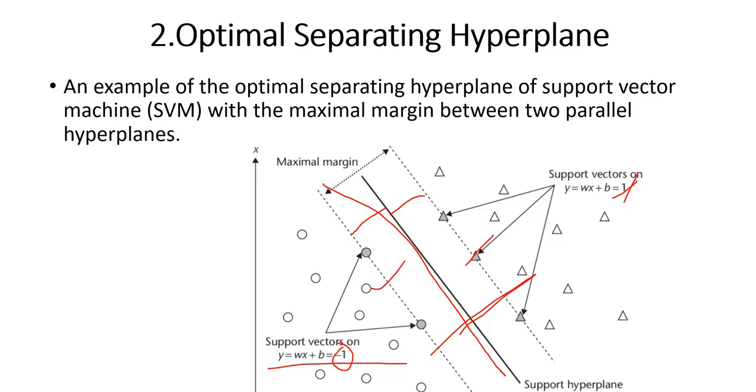These are called support vectors. Notice an interesting aspect: we don't need every training point to determine the optimal hyperplane. The points closest to the decision boundary are the most important because they determine the position of the maximum margin boundary. If these support vectors move, the optimal hyperplane can change.